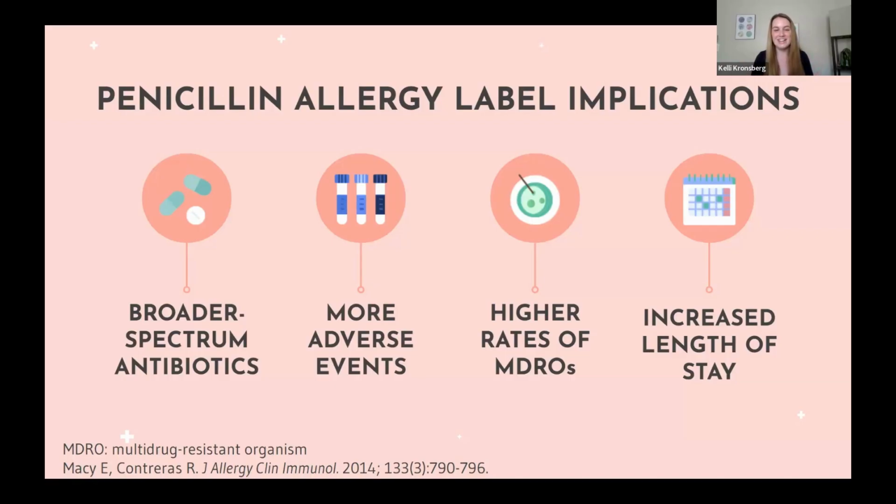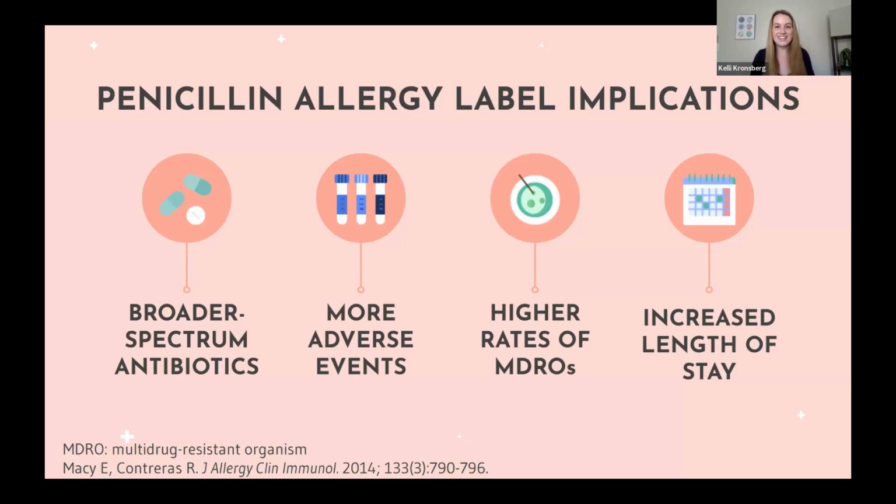Along with all of this, we also see that these patients tend to have increased lengths of stay, which makes sense if we're seeing increased rates of multi-drug resistant organisms and adverse effects or efficacy concerns. And then all of these combined lead to increased costs for both the patient and the healthcare system.